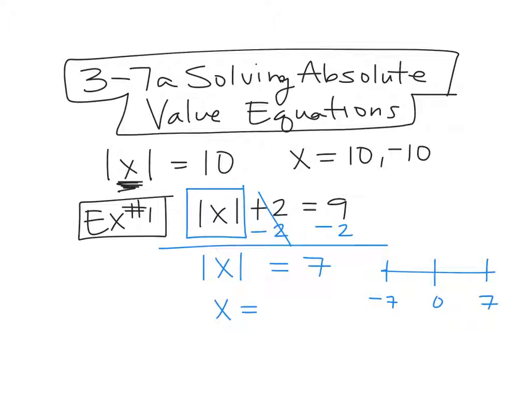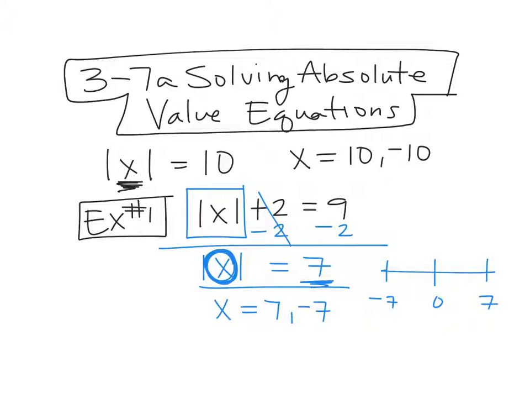So when you get the absolute value of something equals some number, your answer is the positive and negative of that number. So if the absolute value of x equals 7, then x could be 7, or x could be negative 7. I could plug a 7 or a negative 7 in for that x, and it would still work, because when I take the absolute value, it's a positive distance.